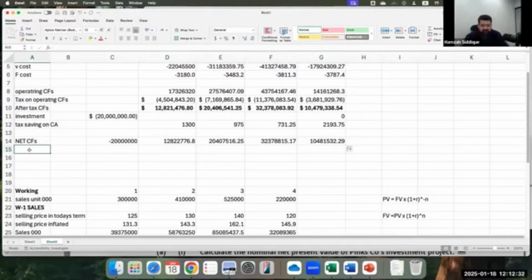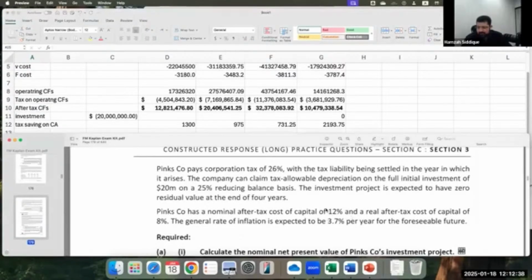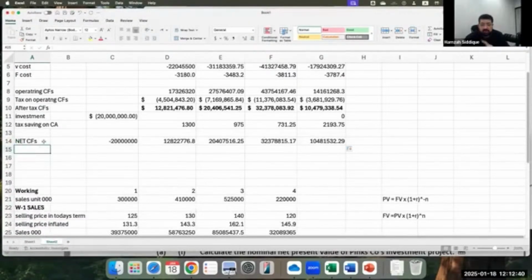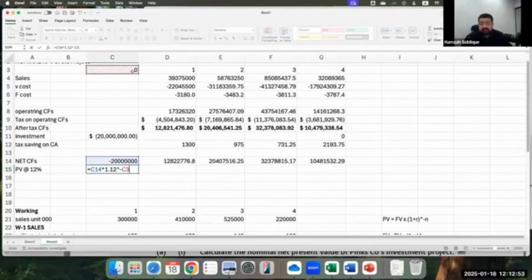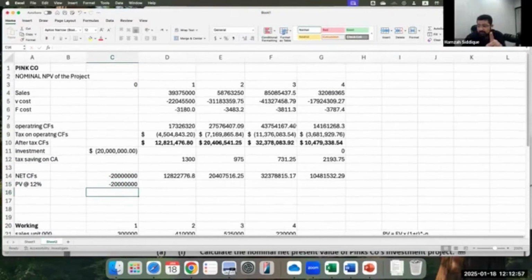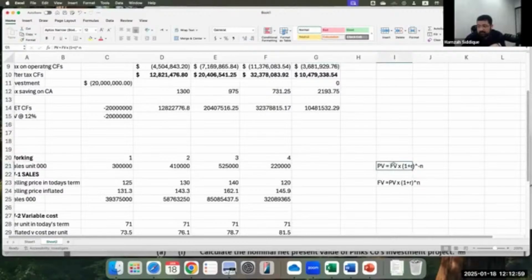Now, students, the discount rate, the nominal rate, is 12%. These are nominal cash flows. So present value at the rate of 12%. No, it is present value being calculated. This formula will be applied, this one.